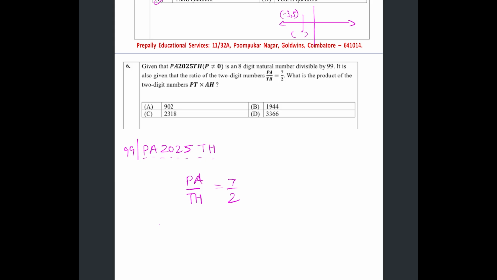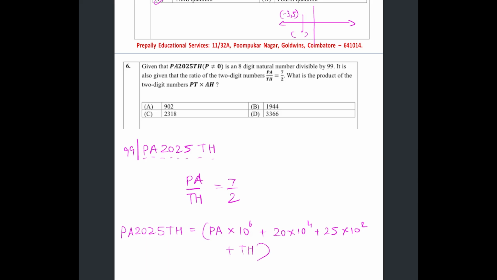Can we write it as PA2025TH equals PA into 10 power 6 plus 20 into 10 power 4 plus 25 into 10 squared plus TH?